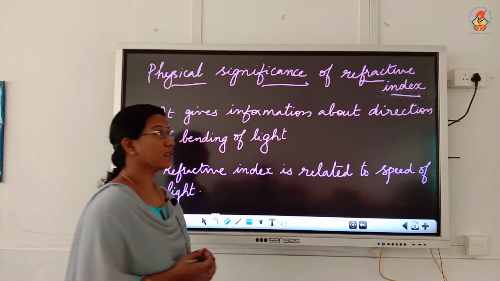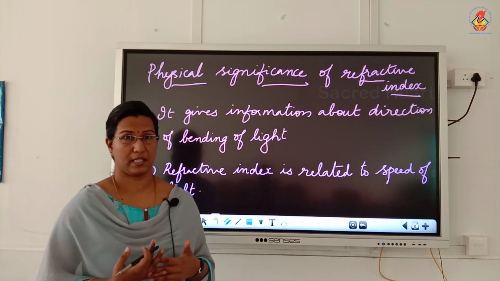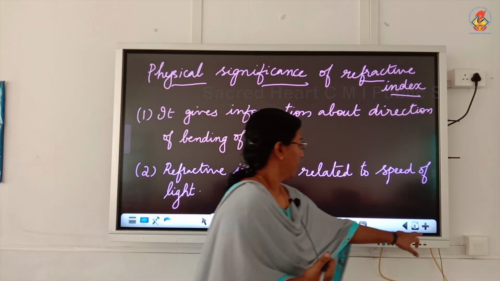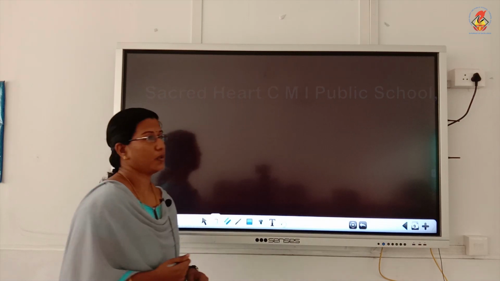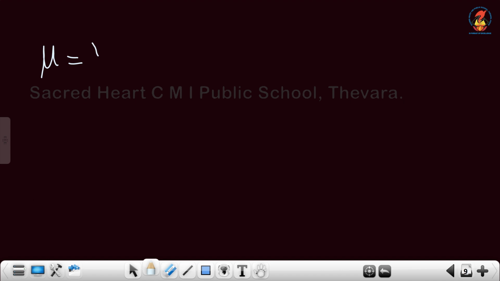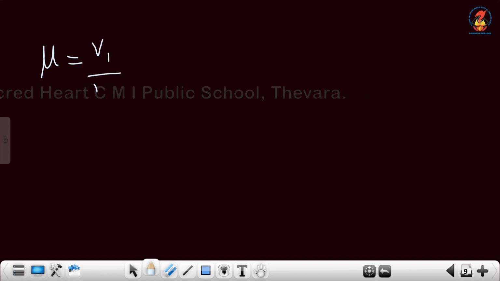Now, what is the physical significance of refractive index, or why are we studying refractive index? I told you the refractive index is given by the ratio of the speed of light in medium 1 to the speed of light in medium 2.